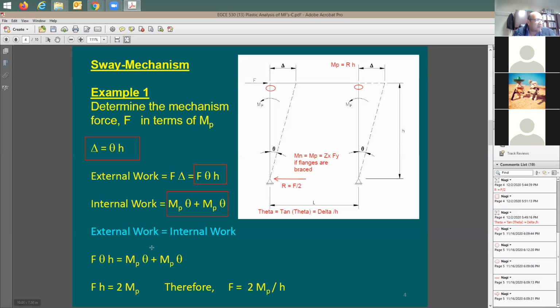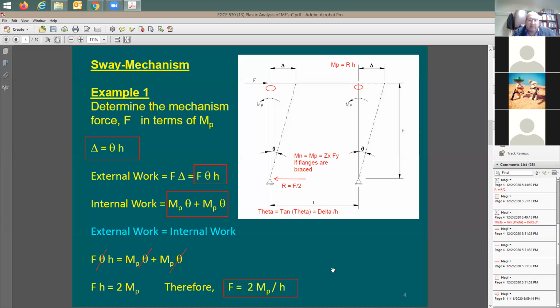Out of this equation, you can cross out the theta, right? So theta is not going to be really important to us. I don't care about the amount of rotation. So I'm going to have FH equal to 2 MP. Therefore, this force is going to be equal to 2 times MP divided by H. If I just take this equation and rewrite it, it's going to be 2 MP divided by H.